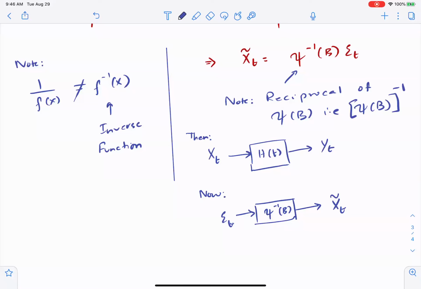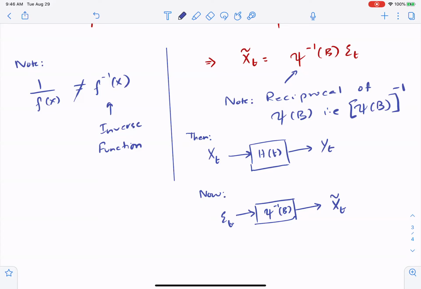Epsilon t goes as input inside that black box, which is now represented by psi raised to minus 1 of B, and outputs x tilde t. So what did we find, or how did we rewrite the model?